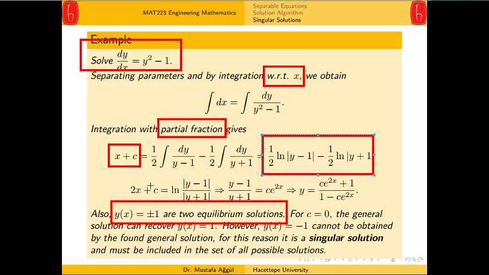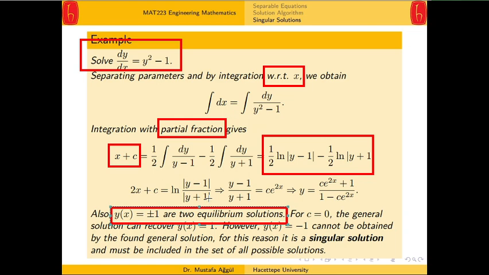This is supposed to be 2c, but 2c is another constant, so we just put c there. This c and that c are not the same, but it is still an arbitrary constant, so we can always do that. On the right hand side we have ln, because the difference of ln functions is the ln of their division, so this will be ln of |y minus 1| divided by |y plus 1|.